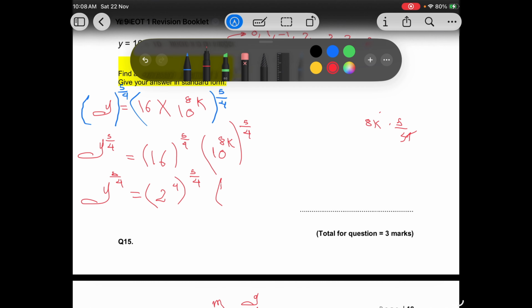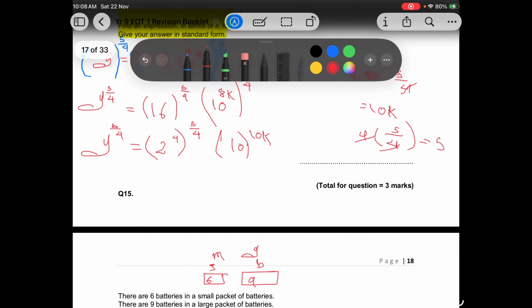You can simplify this with this, it will be 2, so it's like 2k times 5, which is 10k. So I can make this 10 to the 10k. And for this, I will multiply as well: 4 times 5 over 4. I can eliminate these two, it will be 5.